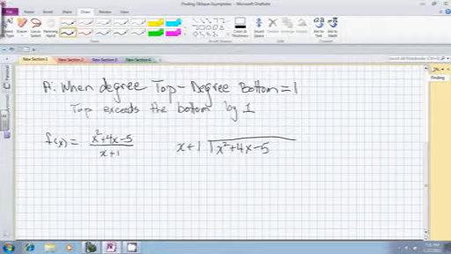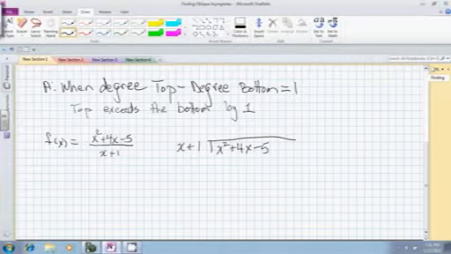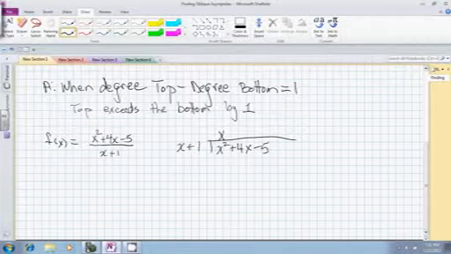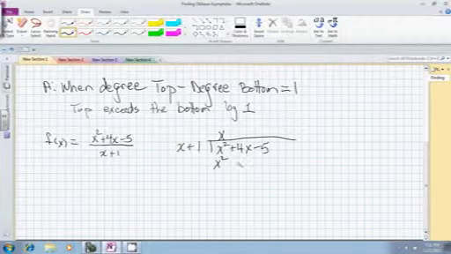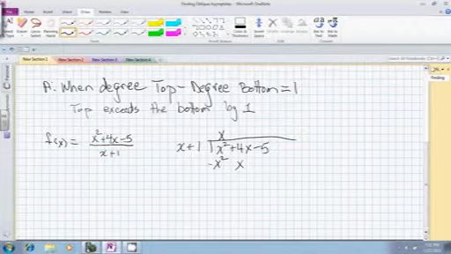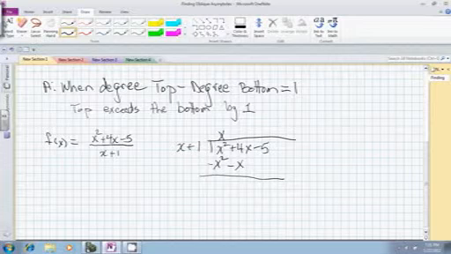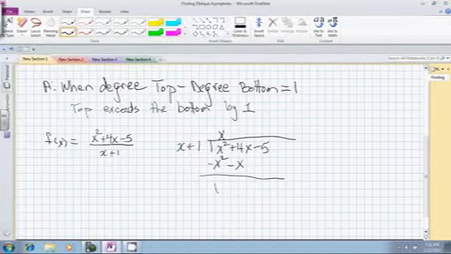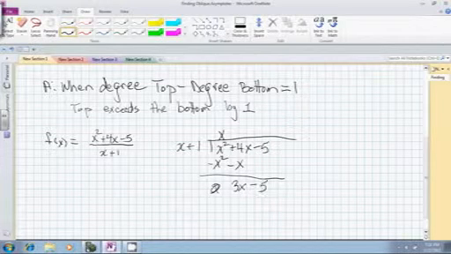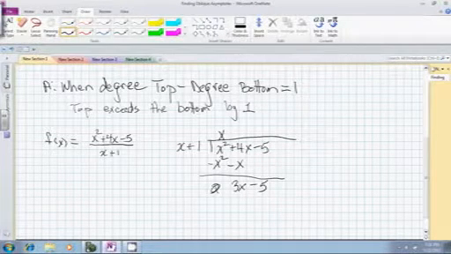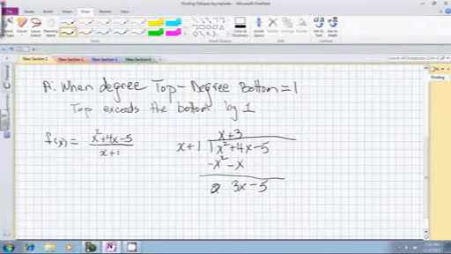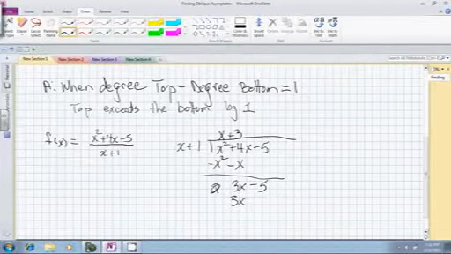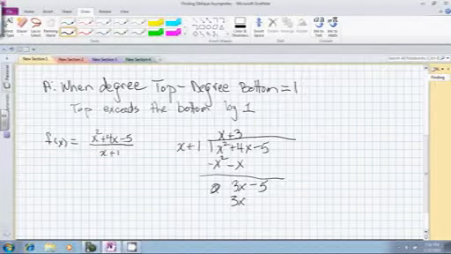So what do you multiply x by to get x squared? That would be x. So x times x gives me x squared. x times 1 is x. Switch your signs. You get 3x minus 5 remaining. x times 3 gives us 3x, so plus 3 up here. 3 times x is 3x. 3 times 1 is 3.